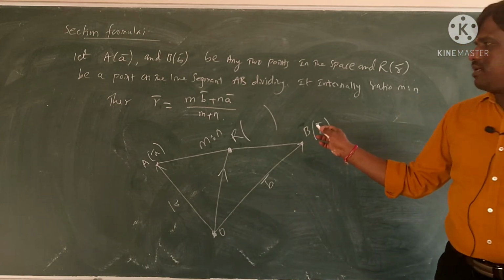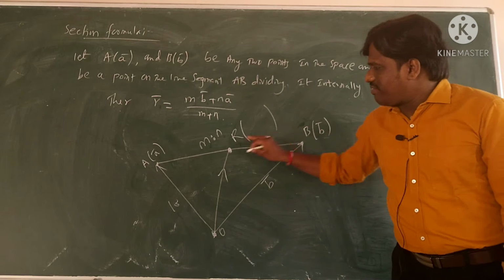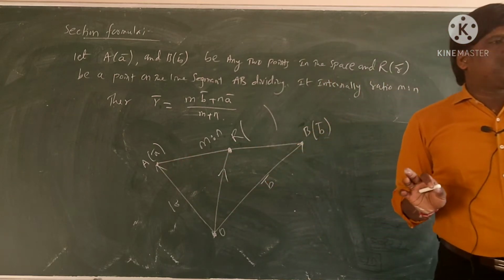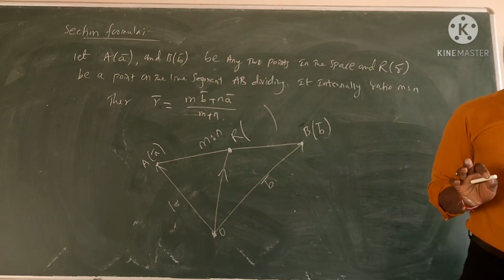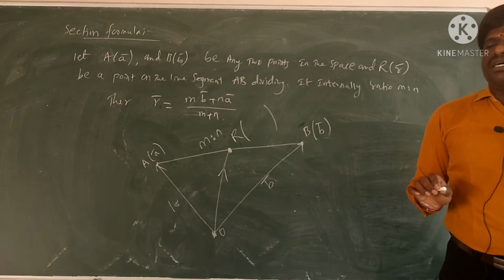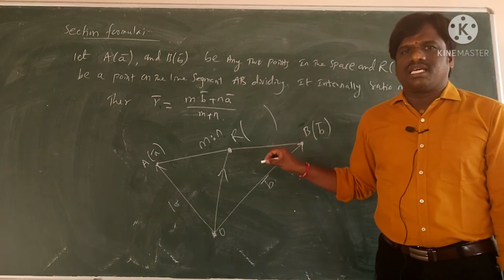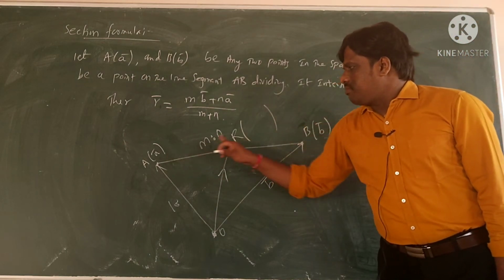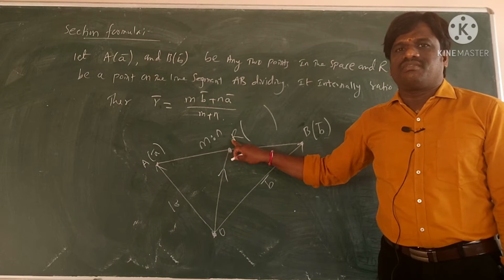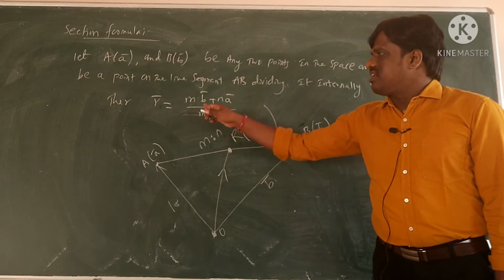M times B plus n times A by m plus n. Like in line segment 2D you have learned, na? In straight lines, section internal division point formula. Same way in vectors also. So AB is a line segment, A is this vector, B is this vector, R is another vector which is dividing in the ratio m is to n internally, then the formula is that.